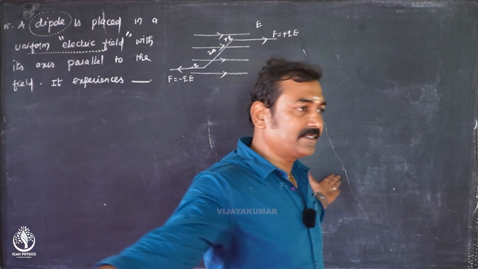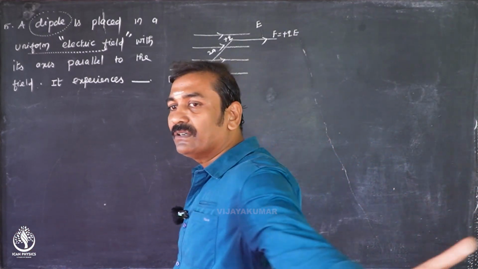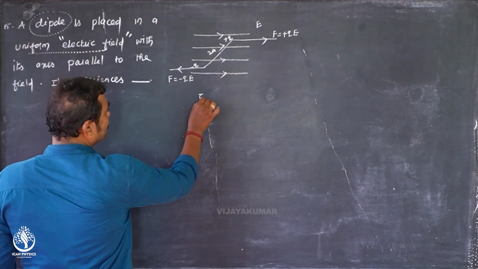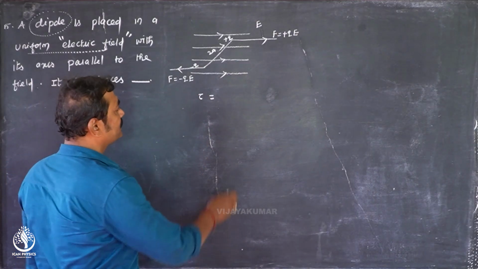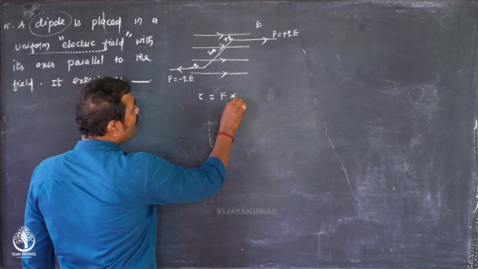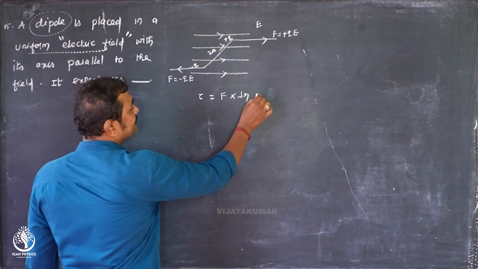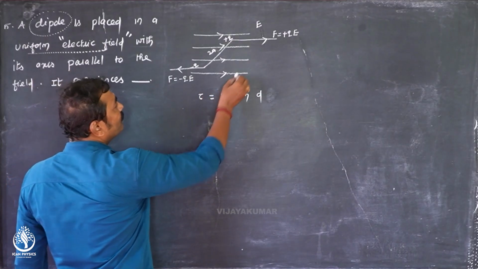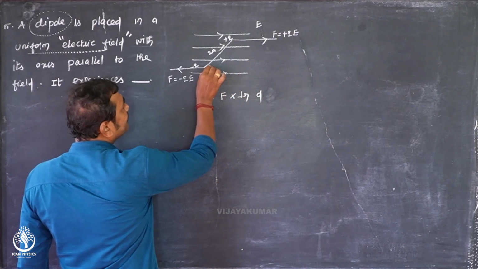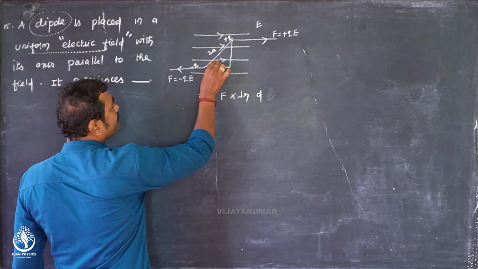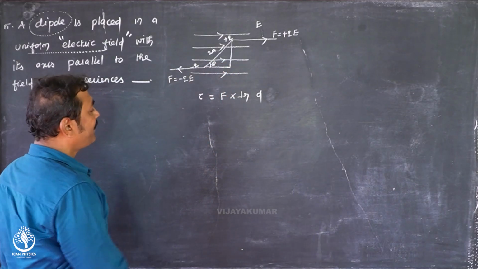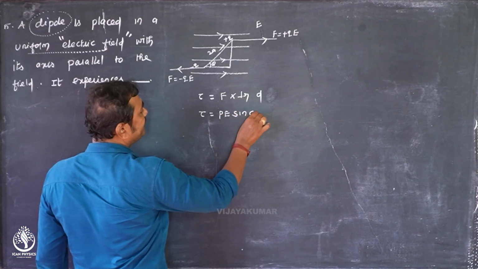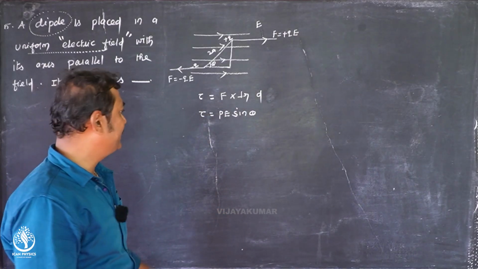So when forces act like this, the dipole tries to rotate. When it rotates, it produces a torque. So how can we calculate the torque? Torque tau equals force into perpendicular distance. Using force F equals qE, and the perpendicular distance making an angle theta, finally we get tau equals PE sin theta.